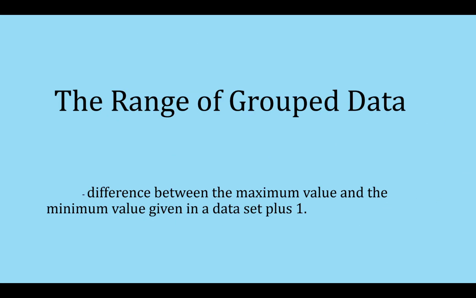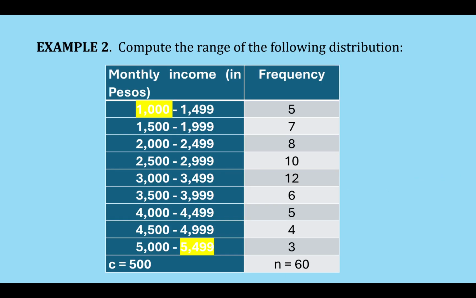Now, for the range of grouped data, the range is the difference between the maximum value and the minimum value given in a data set, plus 1. Here is our example 2. Compute the range of the following distribution. Take note that the highlighted values are the ones we are going to use in our formula.